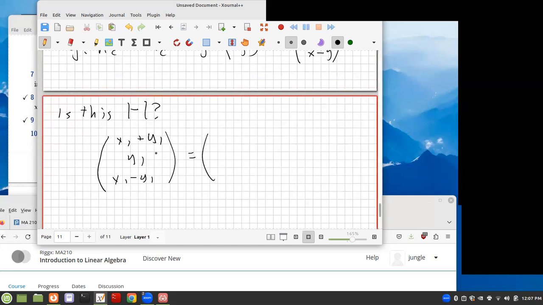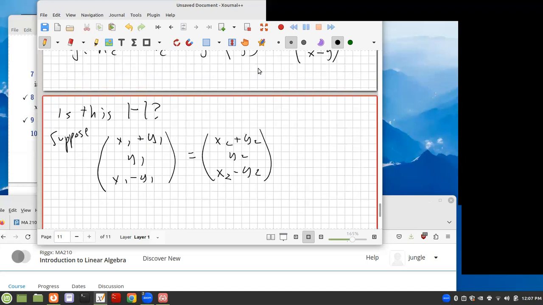That's the image of the one vector. Then we have x2 plus y2, y2, x2 minus y2. So we suppose that the images of arbitrary vectors (x1, y1) and (x2, y2) are the same. I keep remembering the previous example.